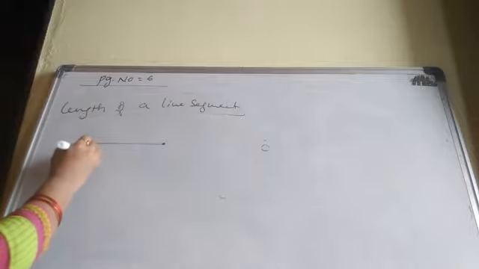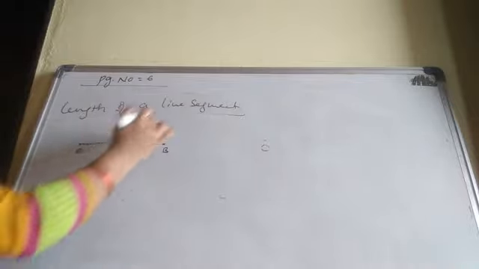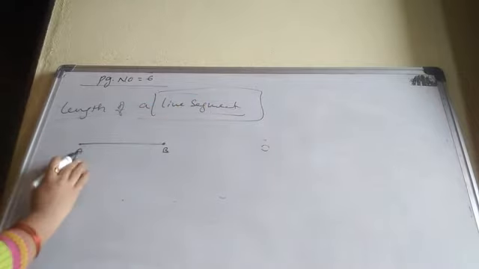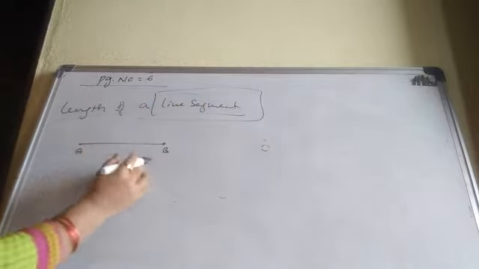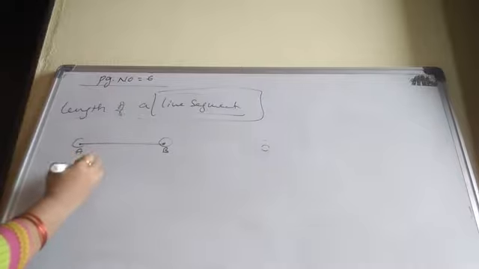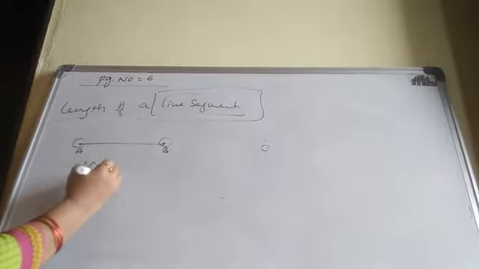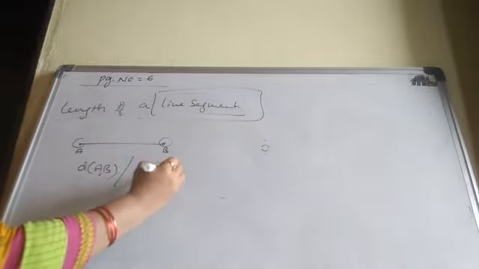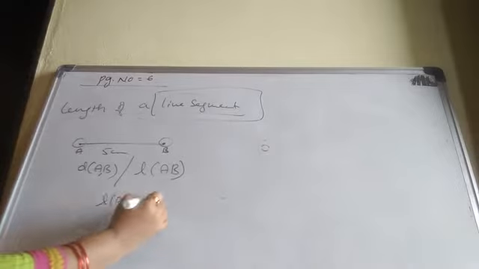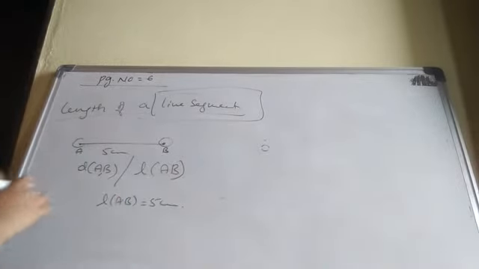Here A, B. I have drawn a line segment AB. Here A and B are the end points. Length means measurement, distance. Distance of A, B, otherwise length of AB. Okay? It is 5 centimeter. Length of AB equals 5 centimeter.